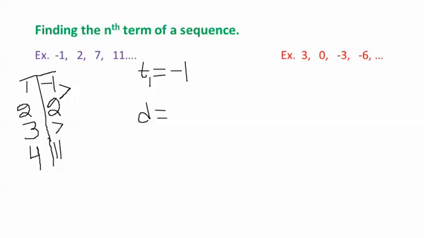There's 3 numbers in between here. 5 numbers in between here. And 5 here. It looks like we have another typo. It should be a -4.